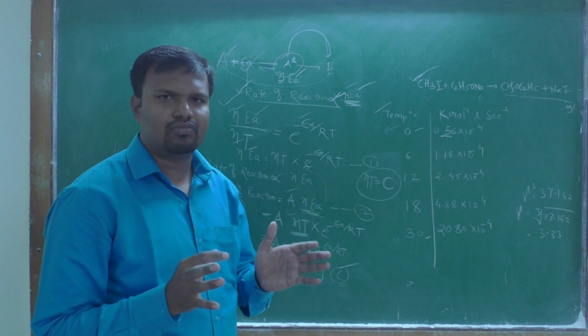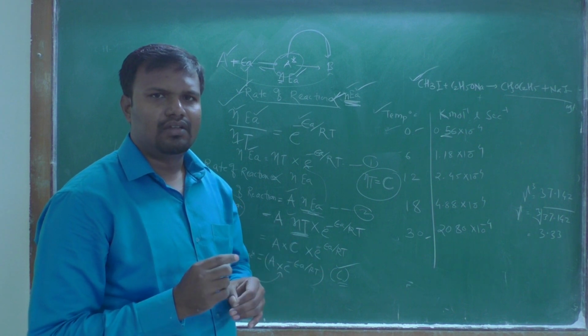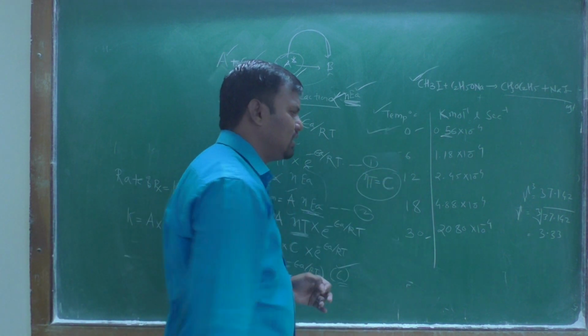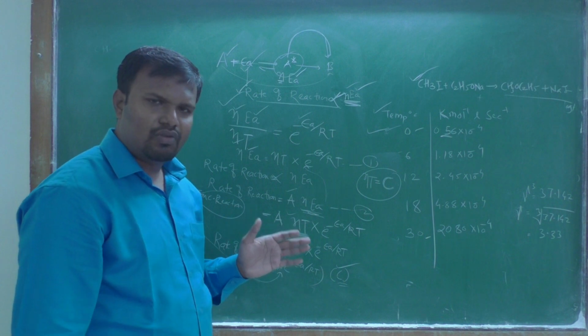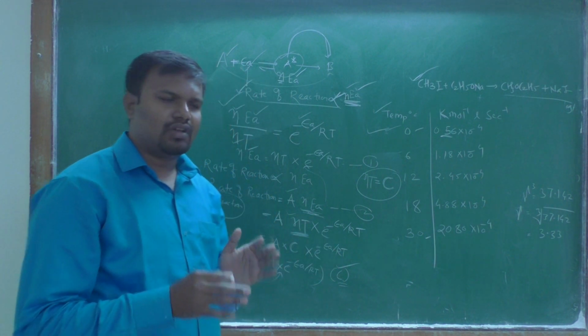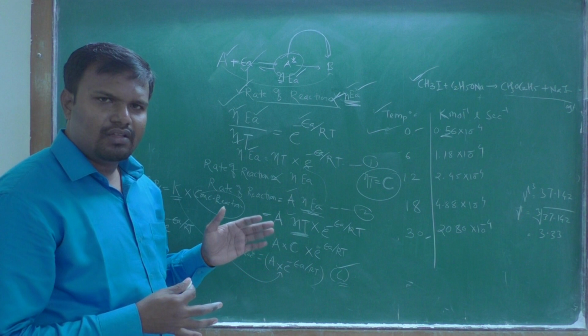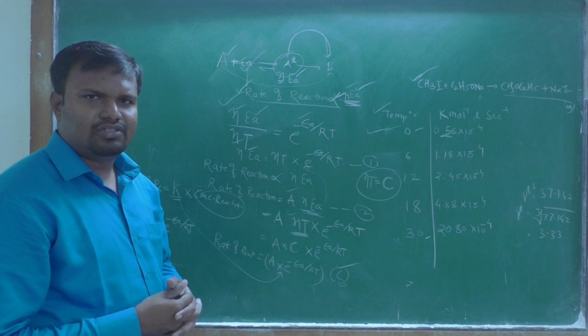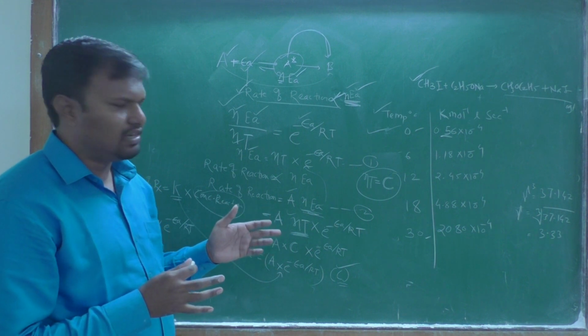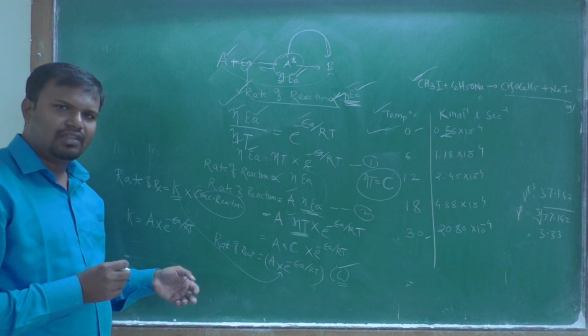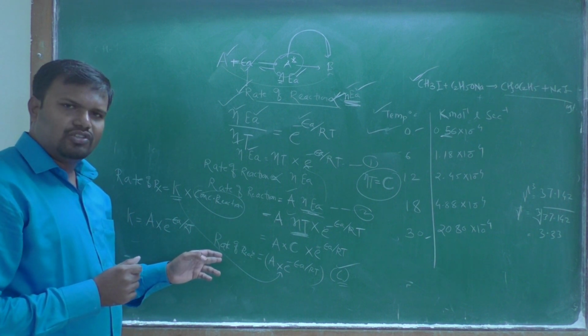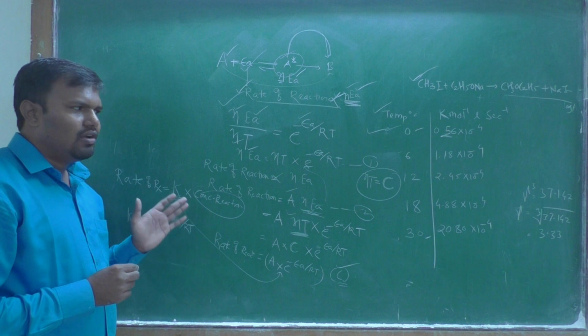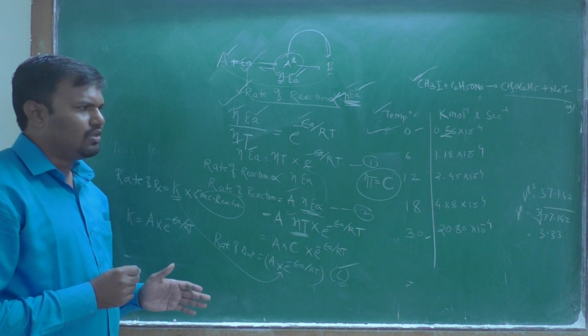Only these two kinds of reactions can be studied under the Van't Hoff rule. When the temperature coefficient is increased, the reaction rate is increased. That was the first point we discussed, and the second point is the Arrhenius equation in exponential form. Thank you very much.